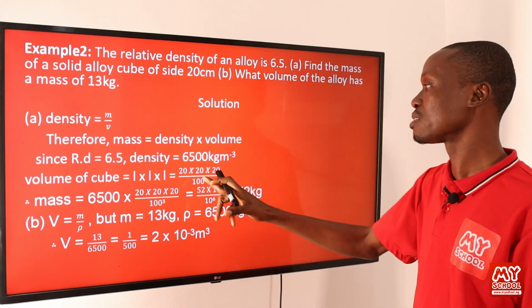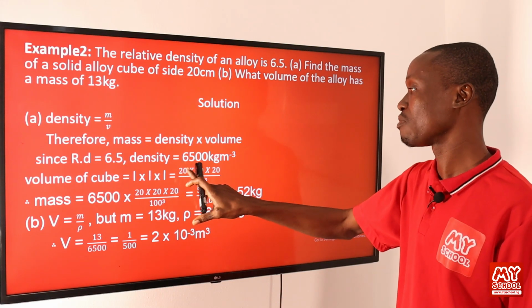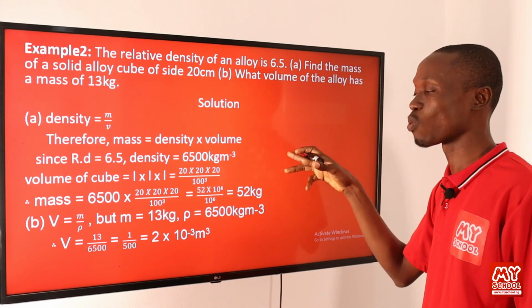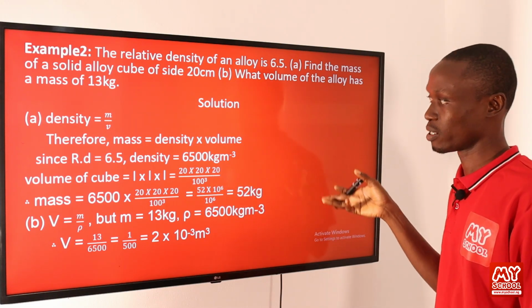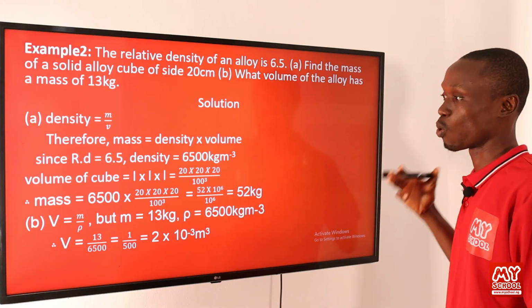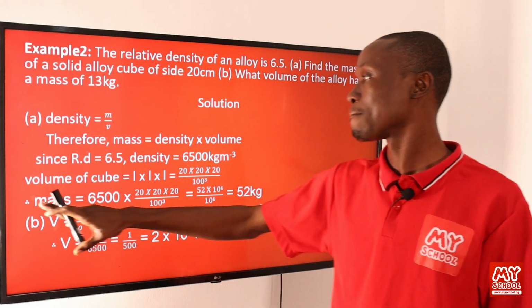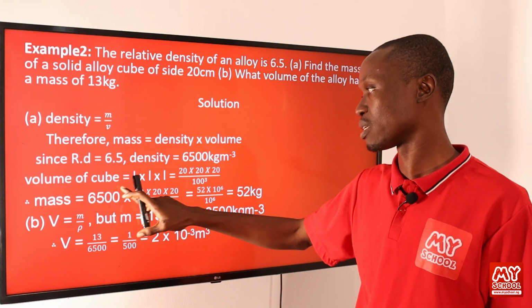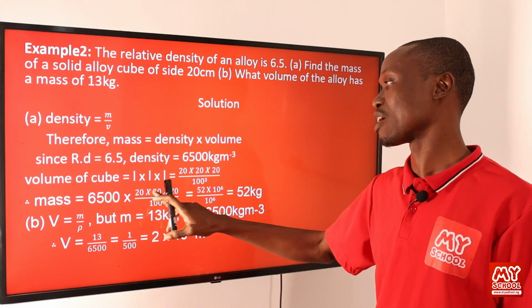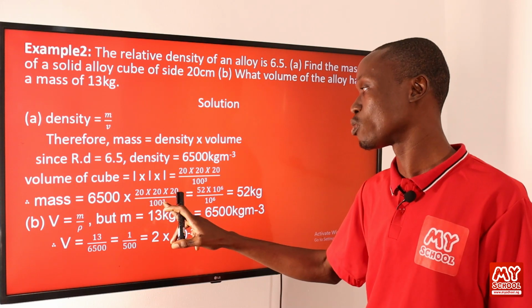Since we have 3 values, we have to divide by 100 raised to power 3 in order to convert it to meter. Now mass therefore is equal to the density that is given to us, times 20 times 20 times 20 all over 100 cube.